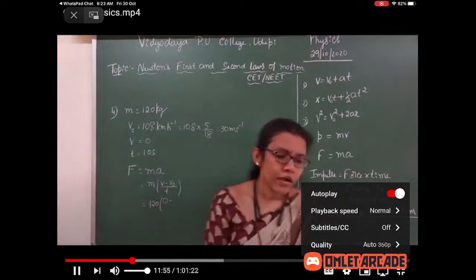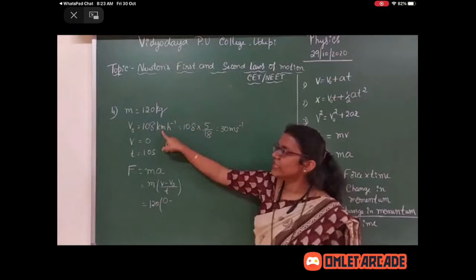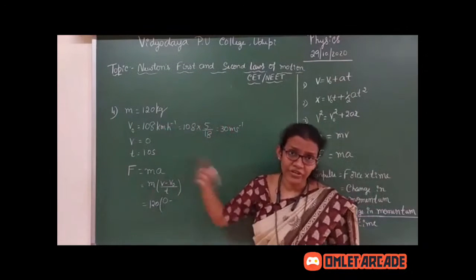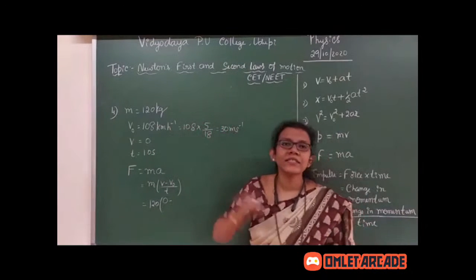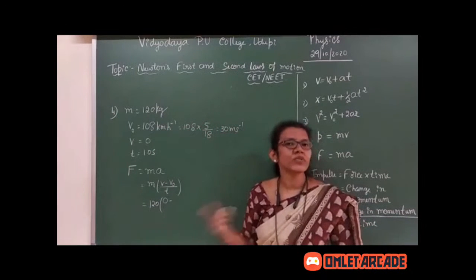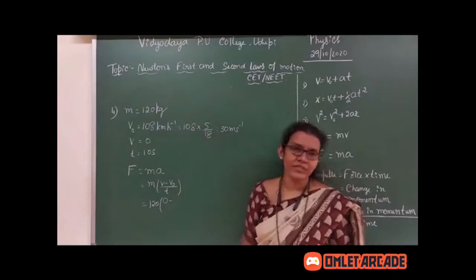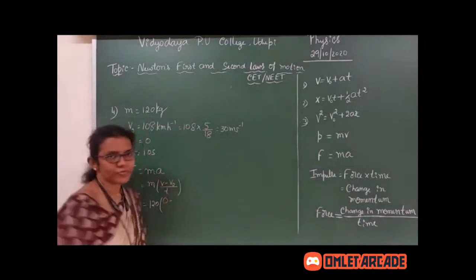Or 108 into 1000, kilometer to meter, divided by hour to second, it is 60 into 60, 3600. So 108 into 1000 by 3600 also, you get the same answer, that is 30 meter per second.